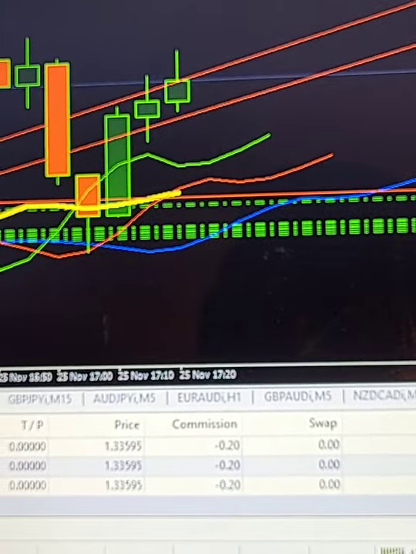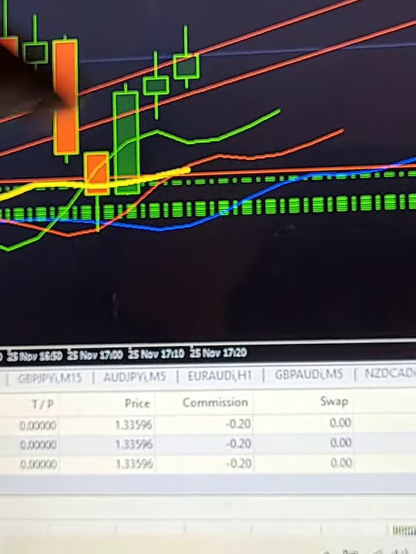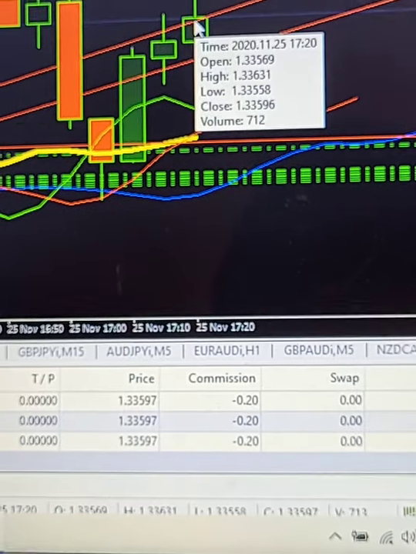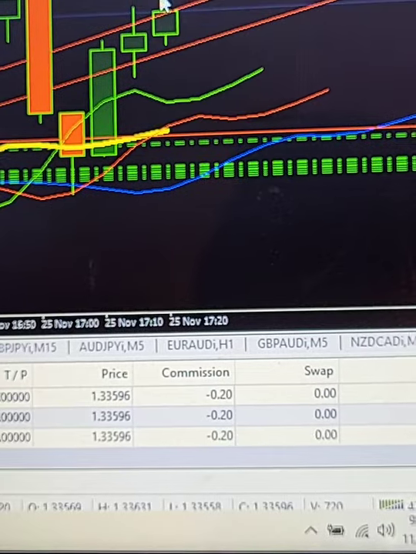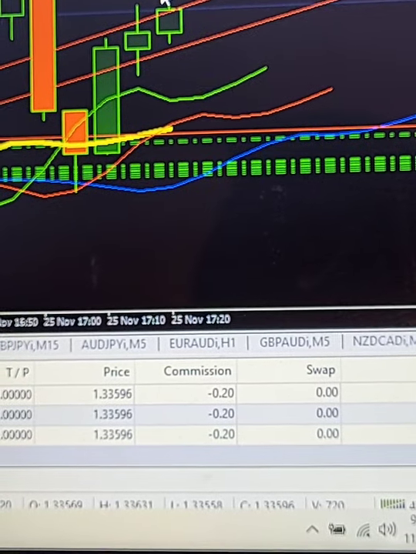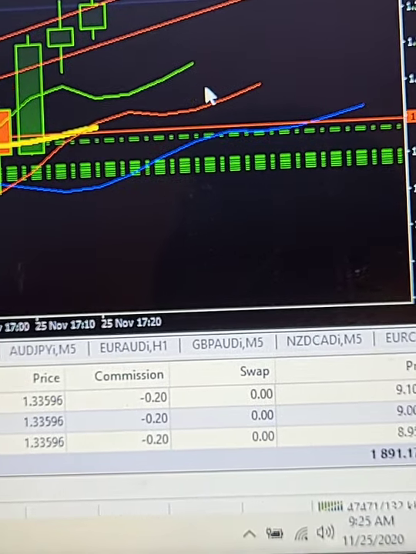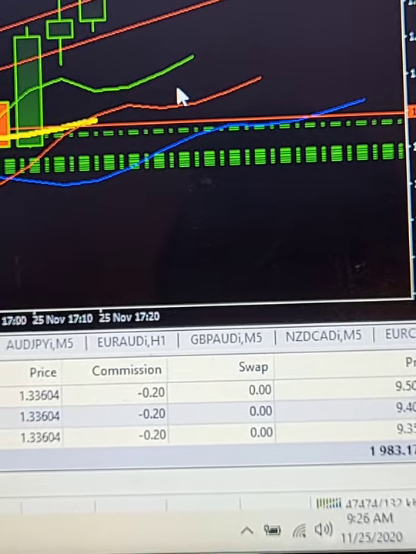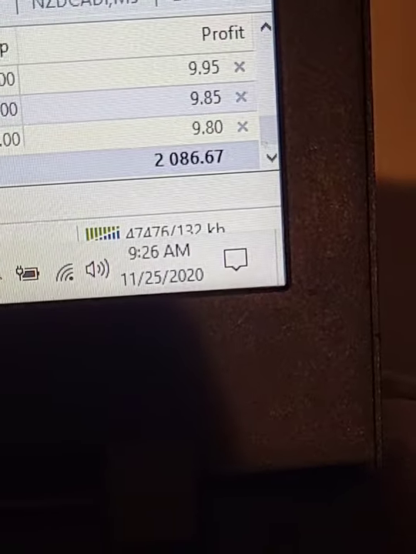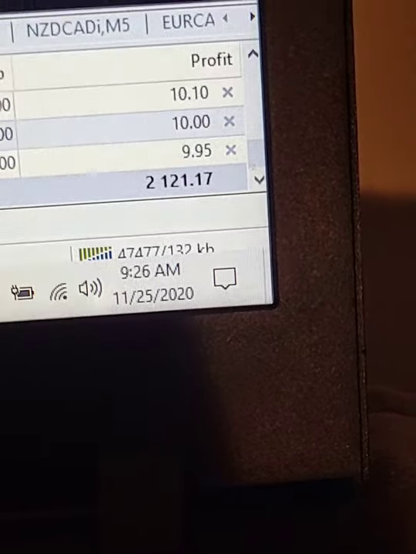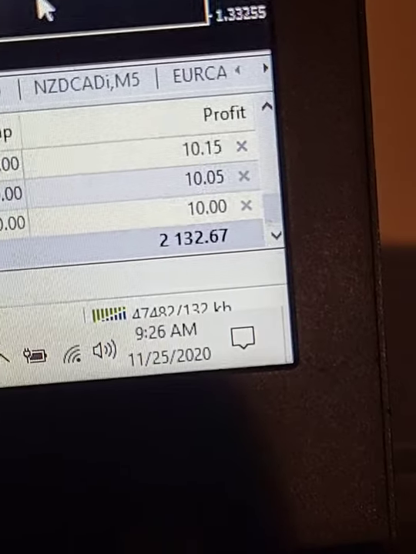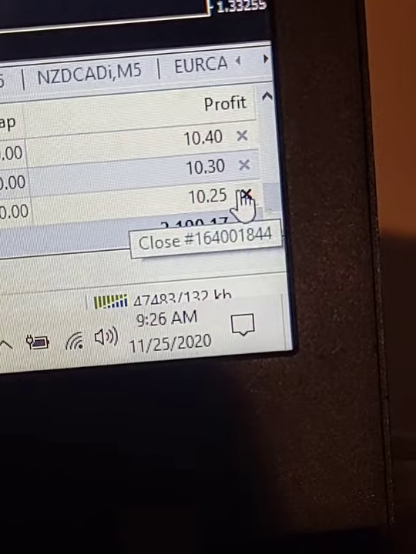As long as that bullish candle right here keeps moving up past my little trend line right here, I'll be at $2,000. All I needed to do is come up here. My indicators tell me that this is going to make a move and keep pushing up. We're at $2,000. We just broke it. Look at that. Another candle is forming. We're at $2,000, homie. Let's get that.